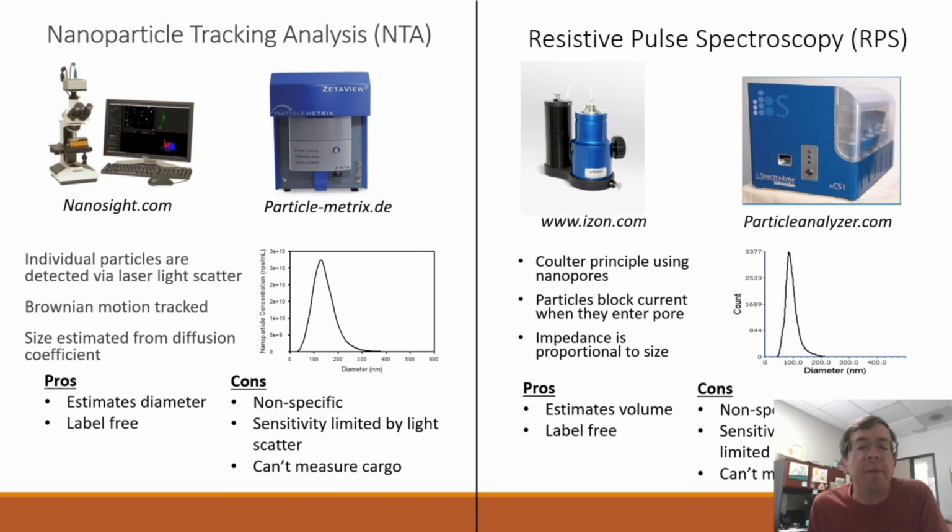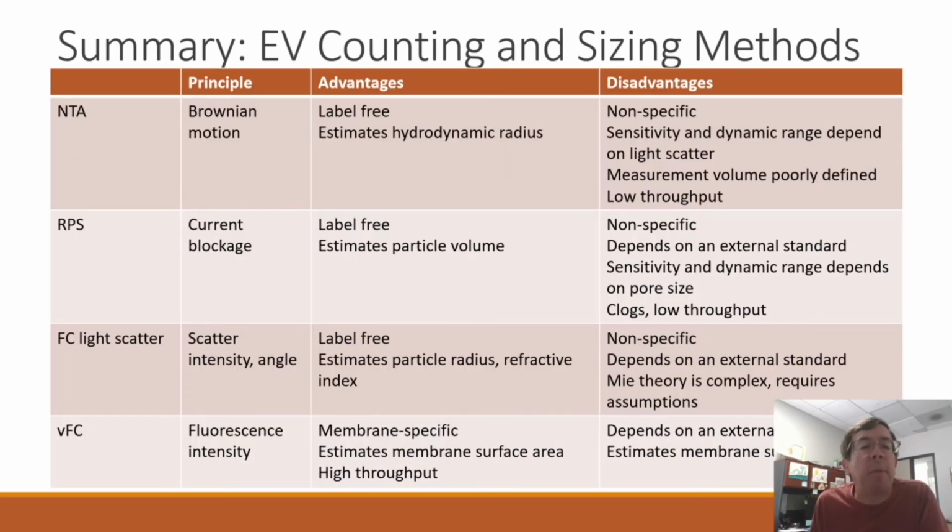They have their own limitations in terms of sensitivity and dynamic range. They don't really have a way to measure cargo by themselves. So they tend to work reasonably well in purified samples, but as sample complexity increases, they tend to be less useful.